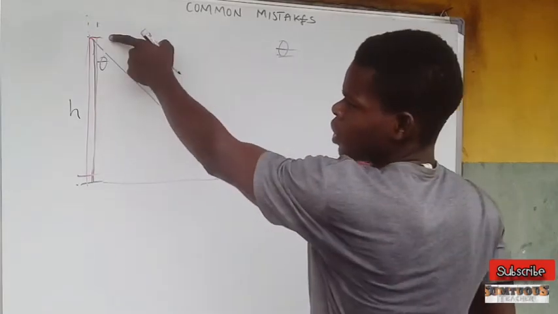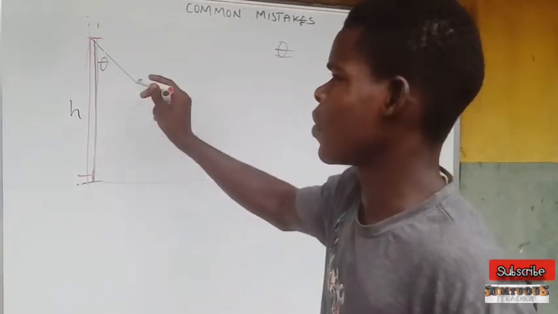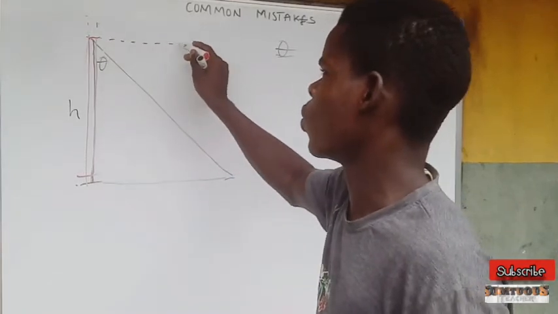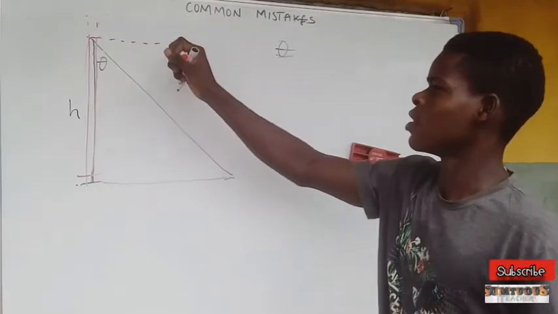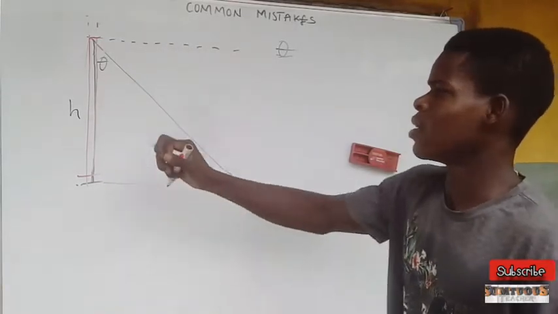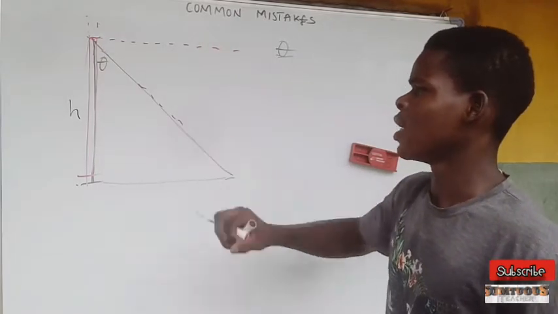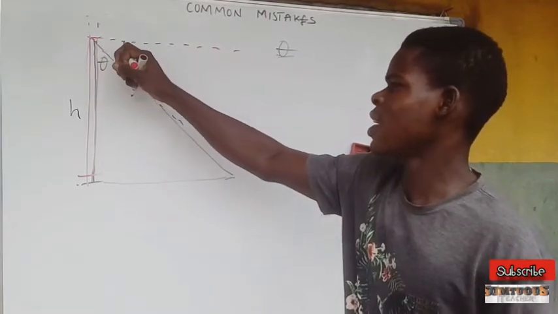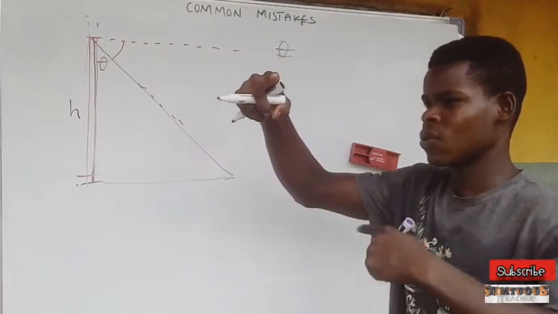From the top of this tower, if someone was observing, you would have a normal view. Someone just stands. This is the normal view, the straight dotted line, while this is where it's now looking. That means there must have been a turn. I must have turned my head from this normal view down to this point.